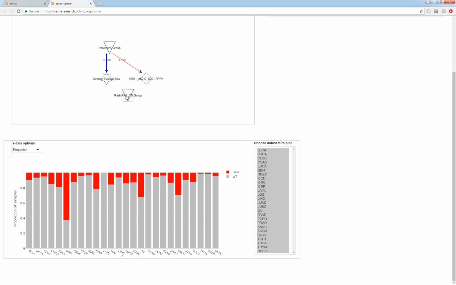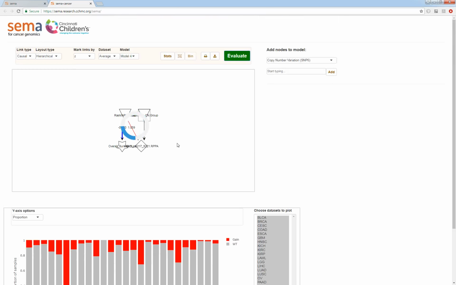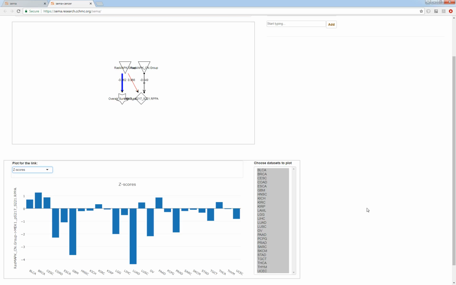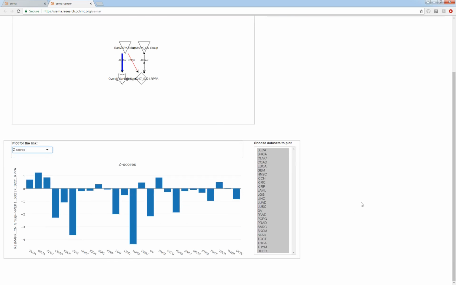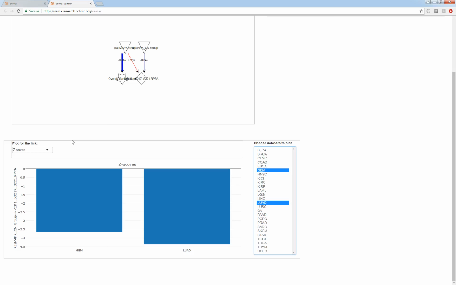We're not interested in them anymore. Click on the link. It doesn't look like much changed. In fact, now we have an even stronger negative effect on MAPK phosphorylation in lung cancers and in GBM, lung squamous and in GBM.